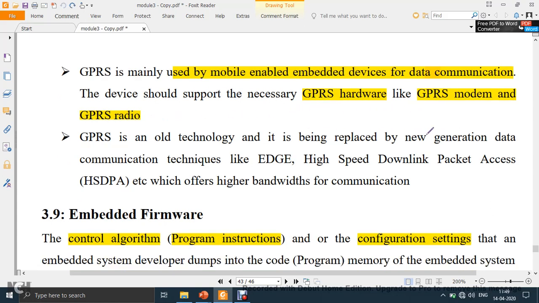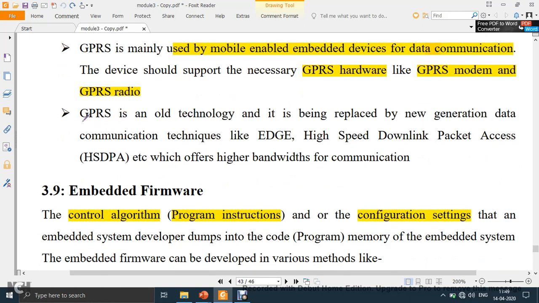Every mobile has an antenna, right? GPRS is old technology, as I told. It is being replaced by newer generation technologies like EDGE and HSDPA, which is close to 3G, and now it is 4G and 5G. Fine. So this is about the external communication interfaces, of which some are wired and some are wireless. Thank you.